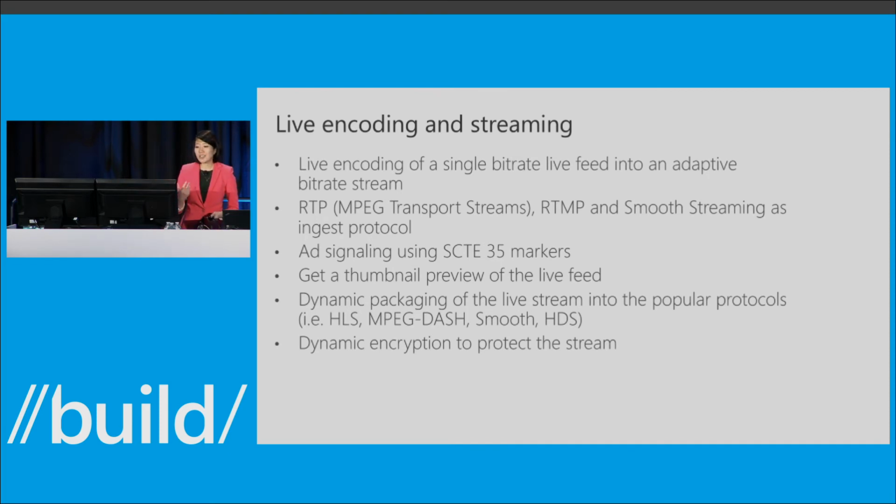And there's one thing I couldn't show you guys, which was ad signaling, where the channel can send a slate, so that the slate actually gets encoded along with the stream, and you also get a thumbnail preview of the live feed. And we do dynamic packaging of the live stream into HLS, MPEG-DASH, smooth streaming, HDS, and also dynamically encrypt the stream.